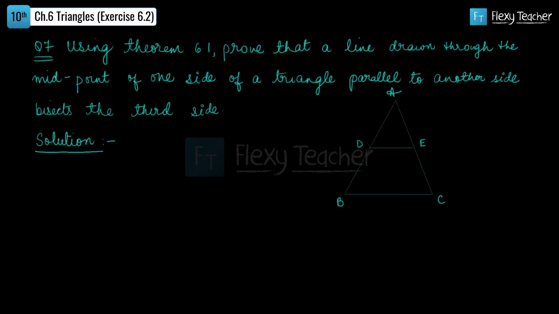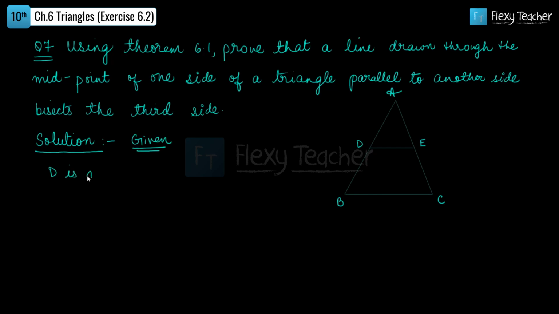Question number 7. Using theorem 6.1, prove that a line drawn through the midpoint of one side of a triangle parallel to another side bisects the third side. Okay. So we are given certain things. D is midpoint of AB. Okay. And it is also given that DE is parallel to BC. Given.